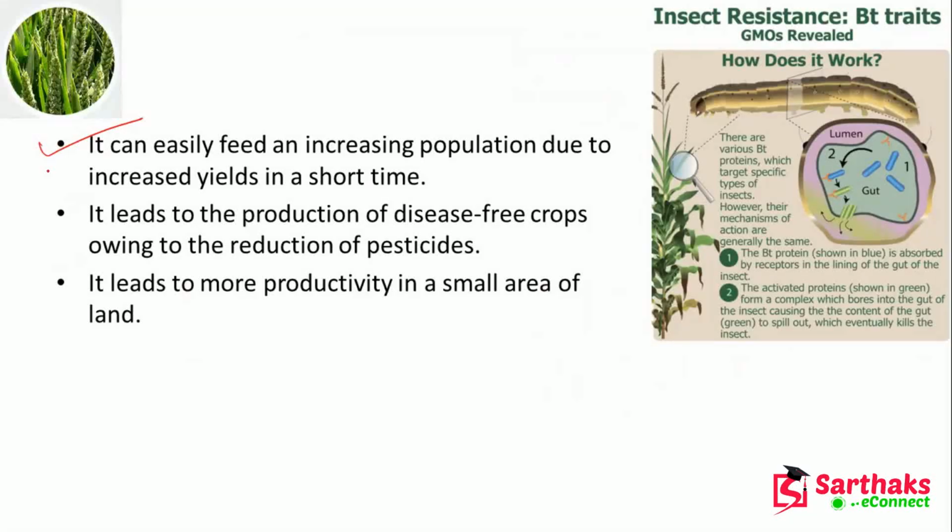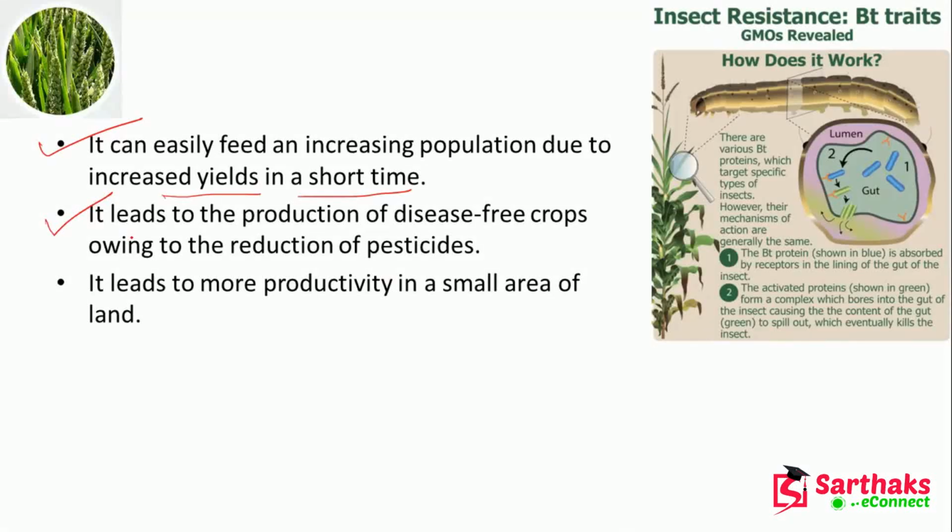So we have to feed every person. If we have to feed every person, that means we have to increase the number of cultivated crops. That's why, due to the increasing population, we require more yield in short time, and it leads to the production of disease-free crops owing to the reduction of pesticides.